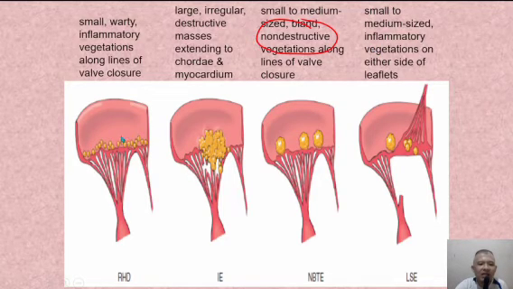And take note of the size. You have small warty vegetations. If it's big already, then it's either infective endocarditis or marantic endocarditis.